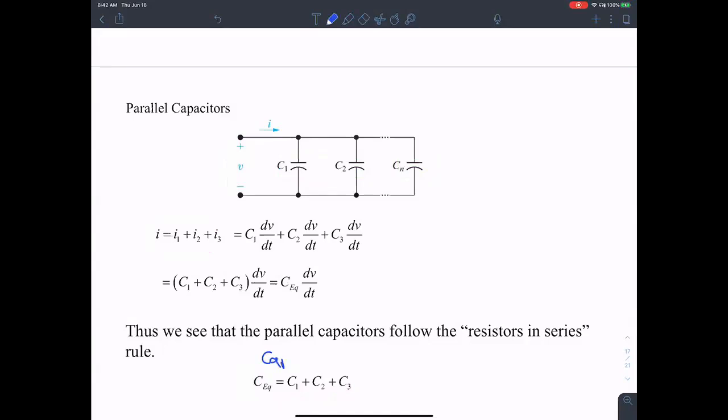So caps in parallel behave similar to resistances in series. Resistances in series add to give an equivalent resistance, while capacitances in parallel add.